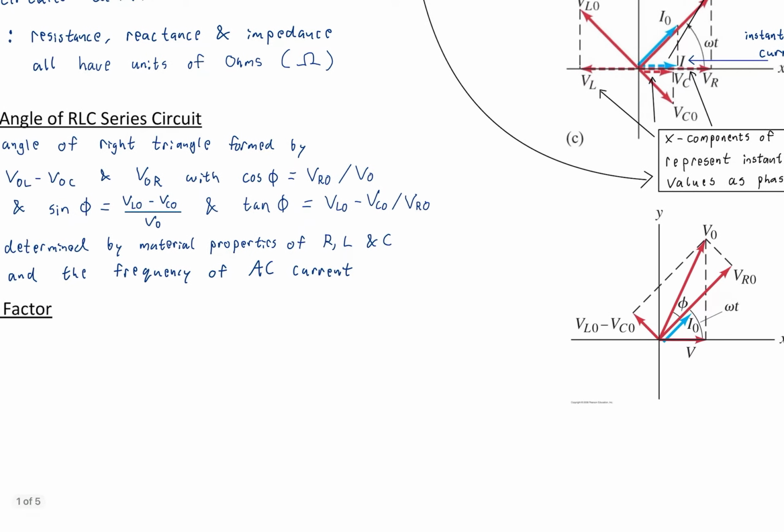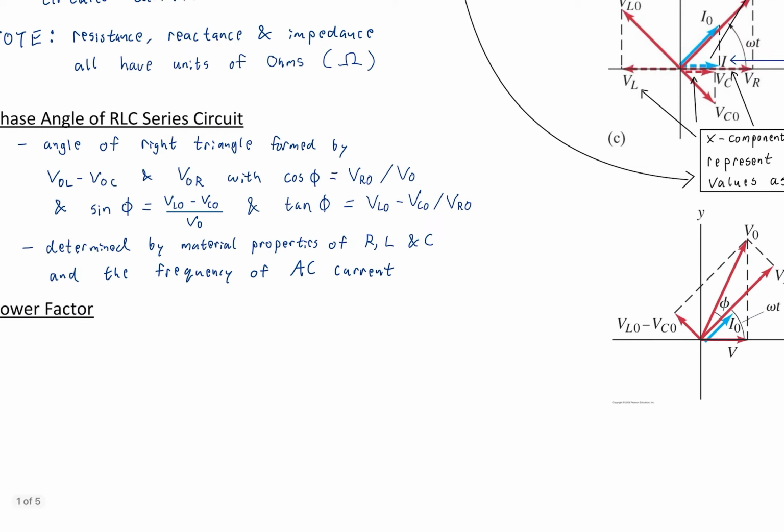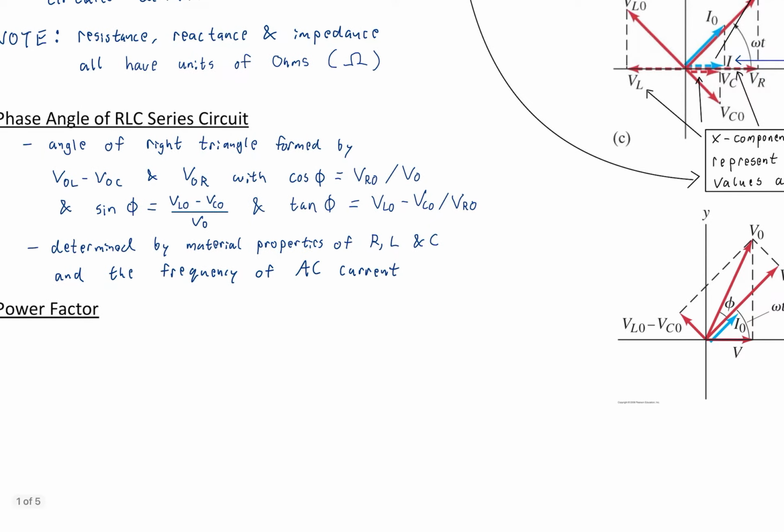Oh, I have one other point to make. The phase angle is determined by the material properties of the resistor, the inductor, and the capacitor, and the frequency of the AC current, the external current you're putting in. That's because these terms are all dependent on those quantities.